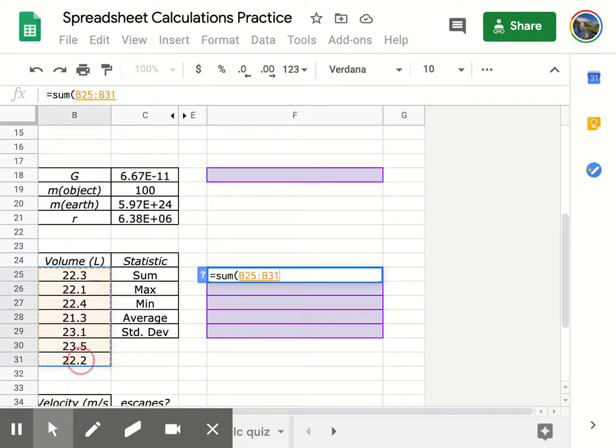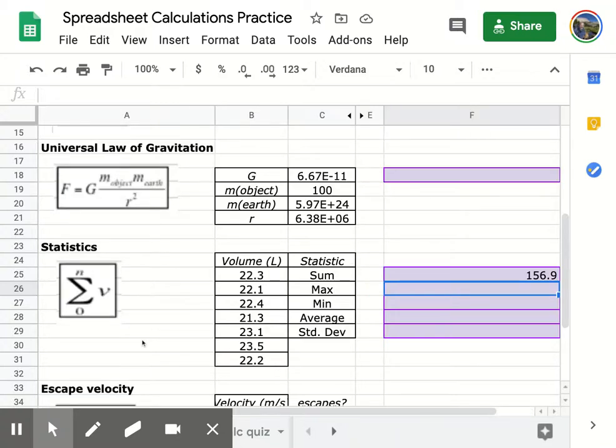So I highlight that range, and that's going to give me the sum. What you want to do for these remaining ones is just say equals, and then max, min, average, and standard deviation of that same range. Just put that in and see how it enters the actual function. In other words, there's a function for the maximum of a range, the minimum of a range, and so forth.